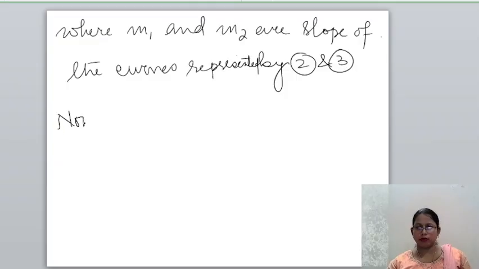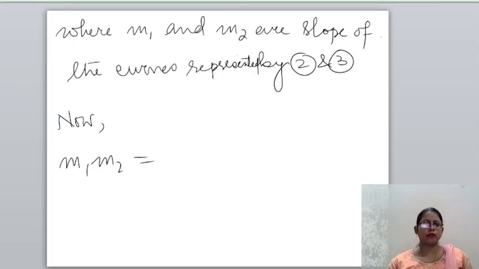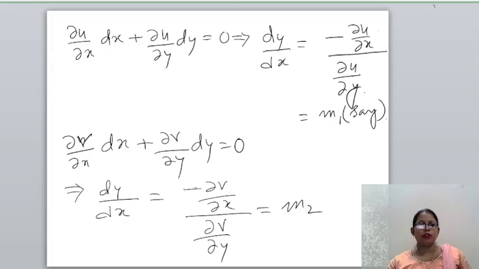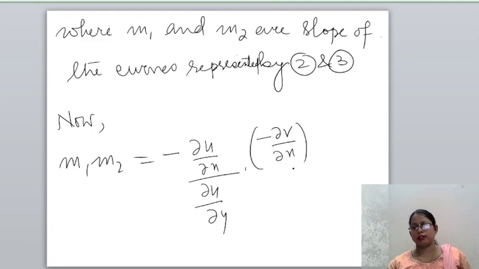Now check what the values of m1 and m2 are. m1 is minus del u by del x divided by del u by del y. m2 is minus del v by del x divided by del v by del y. Using equation 1, the Cauchy-Riemann equations, del u by del x is del v by del y and del v by del x is minus del u by del y.